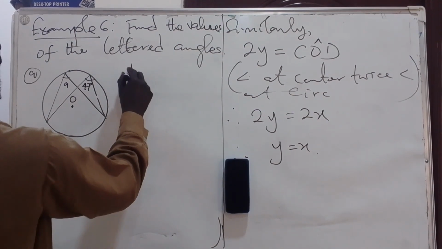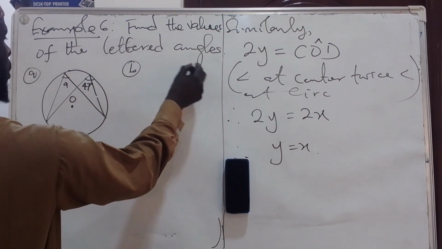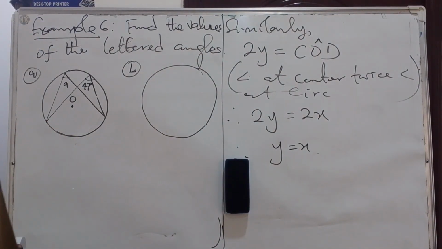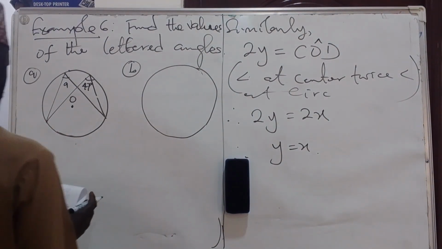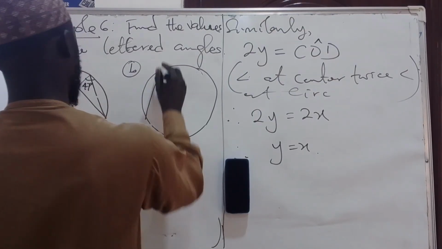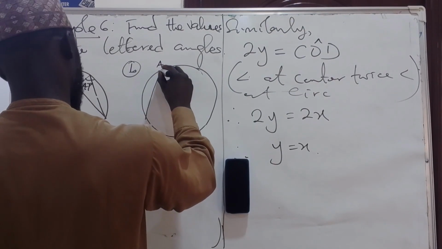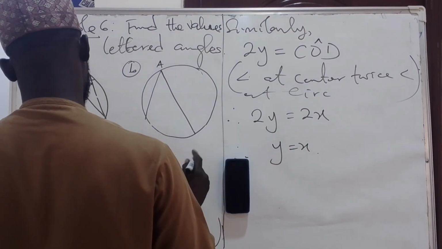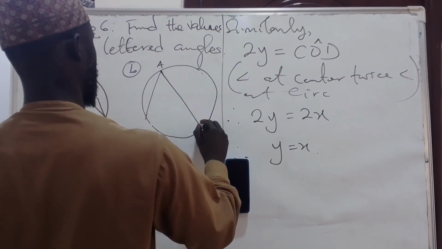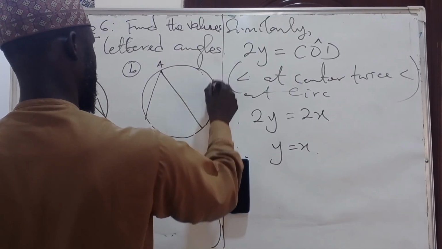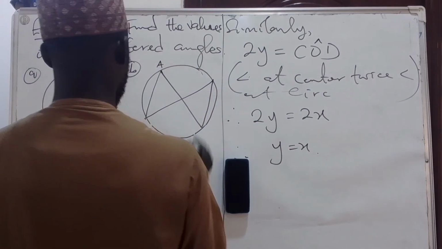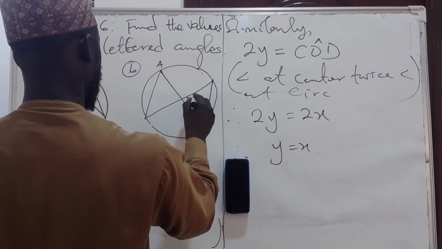B, part of the question. Here is E, and here is 85 degrees.